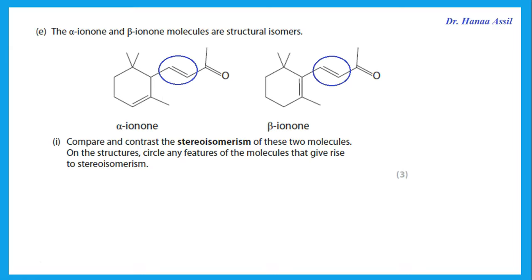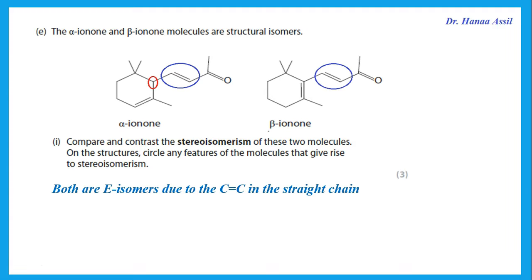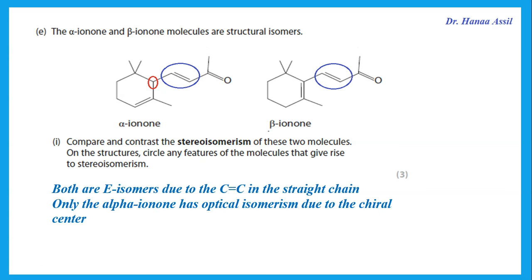First of all, we have a double bond, and both of them have E isomers due to the presence of the double bond. So both of them are E isomers, or what we call trans. Then, what kind of isomers do we also have? The alpha ionone has a chiral center, and that means it can also have optical isomerism.